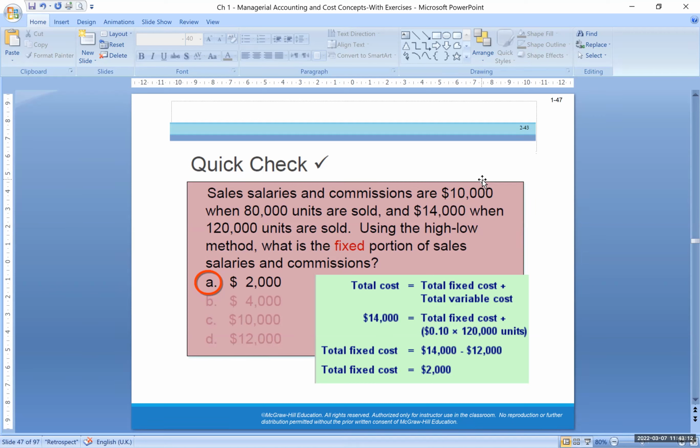So a, the fixed cost, is equal to 14,000 minus 12,000, which equals 2,000. So the fixed cost answer is 2,000, depending on the equation y is equal to a plus bx. Definitely, if we use the other level, we will have the same answer.